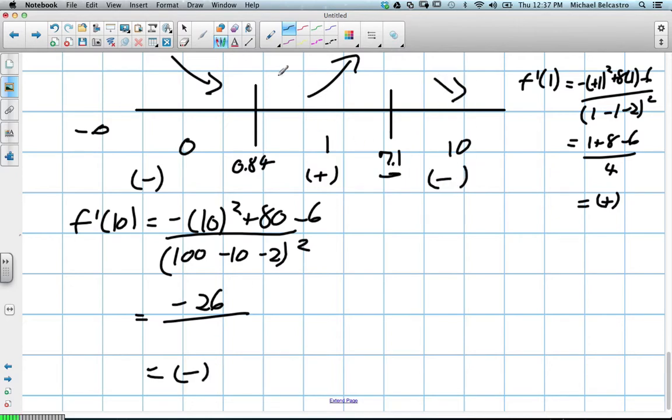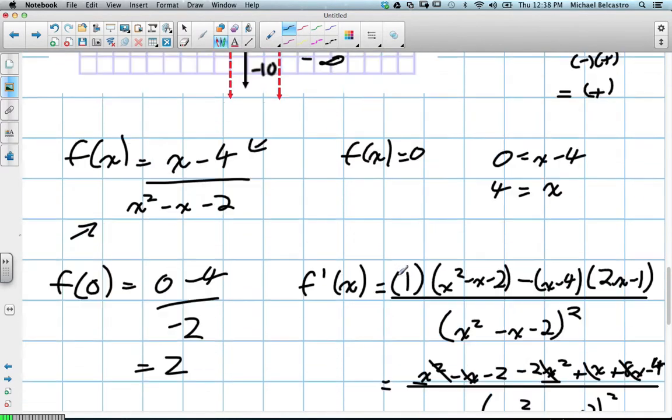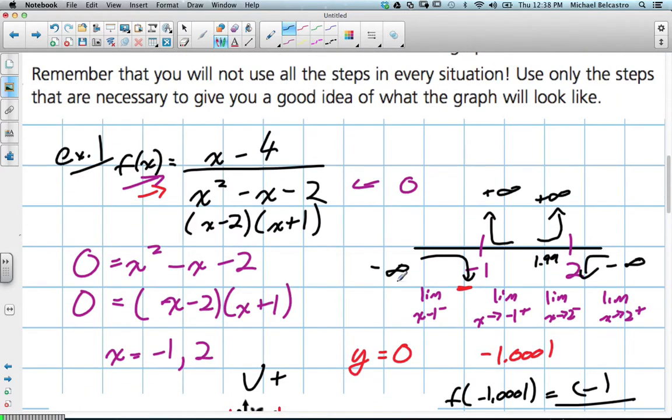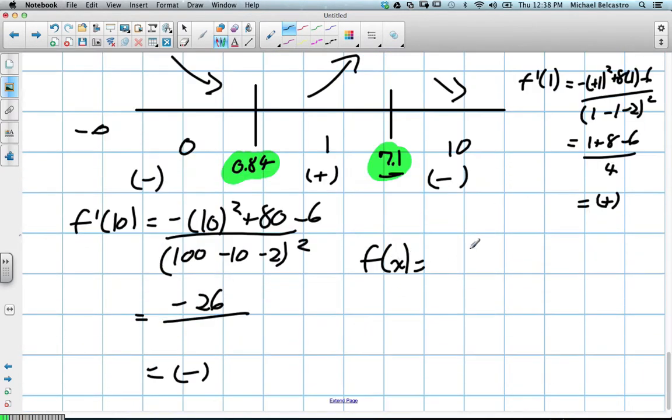So these points here are very important. We're going to plot them on our graph. And again, we should probably find out exactly what these critical values are by plugging them into our original equation. Our original equation, f of x, was equal to, and I'm going to scroll up again just to take a look, x minus 4 over x squared minus x minus 2.